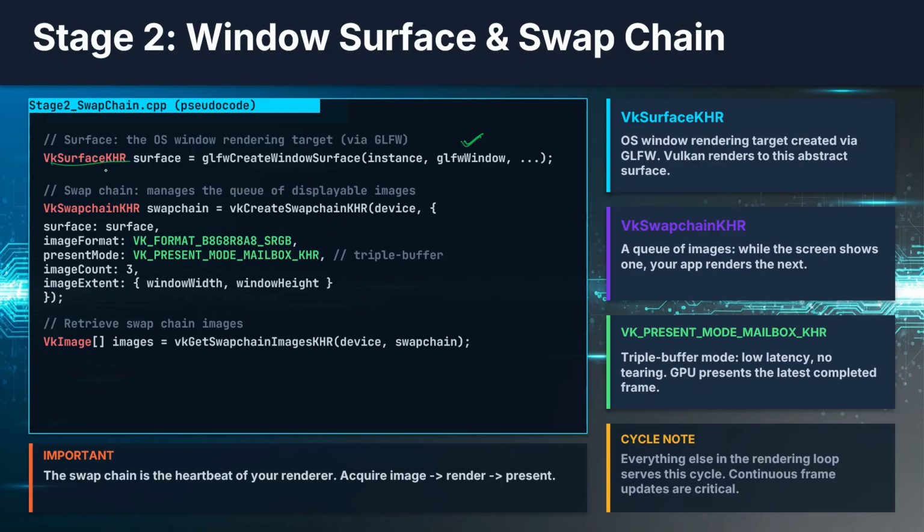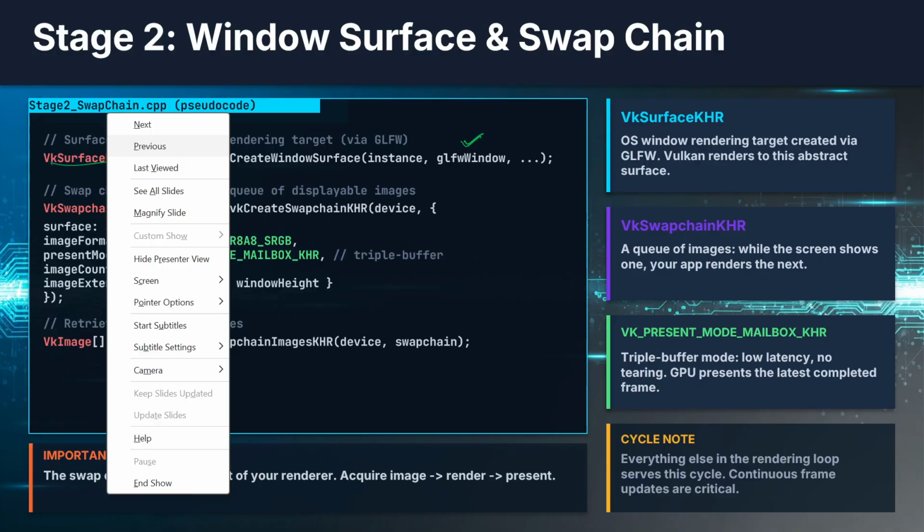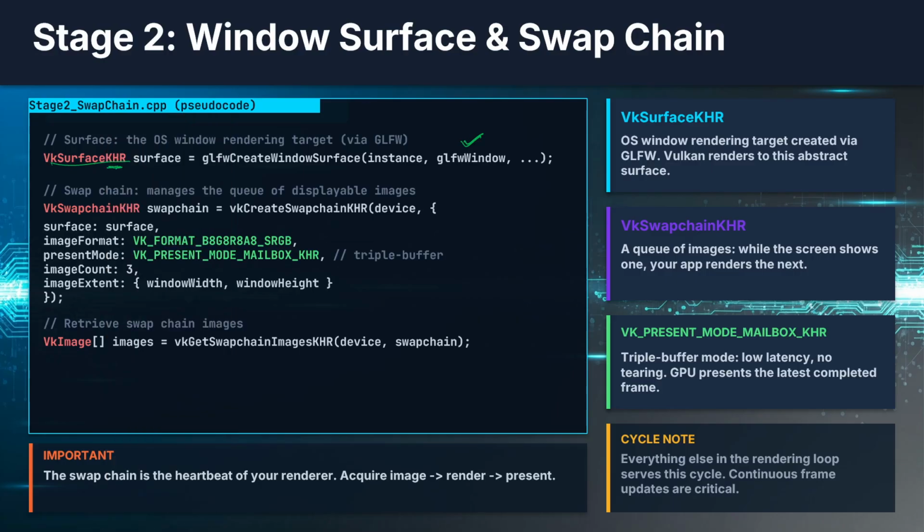Anything that starts with KHR is an extension, in this case an extension for window surface management. So whenever you see VkSurfaceKHR, it really means this is a place where your rendered image will appear on the screen, in layman's terms.